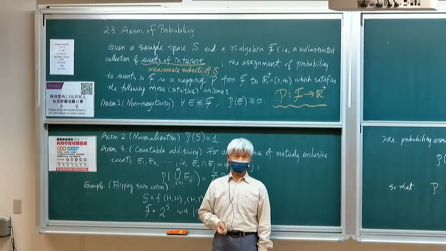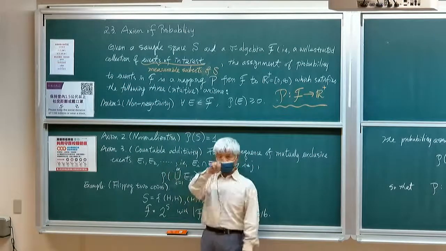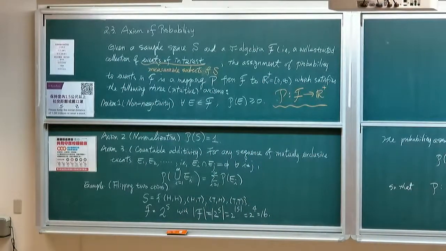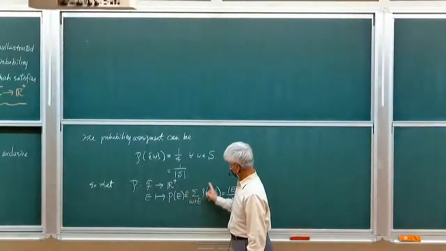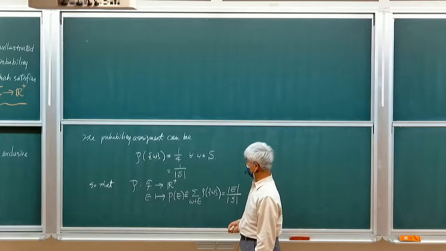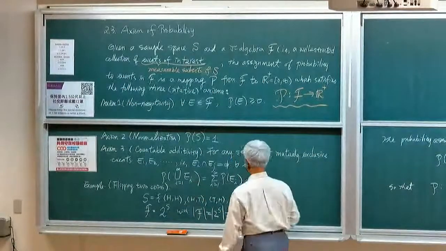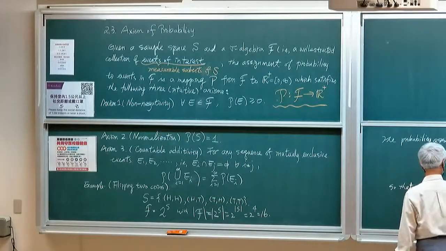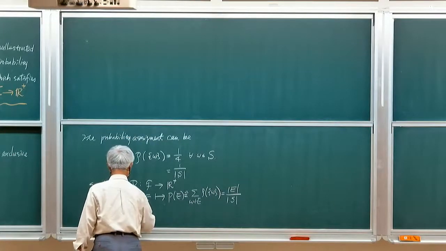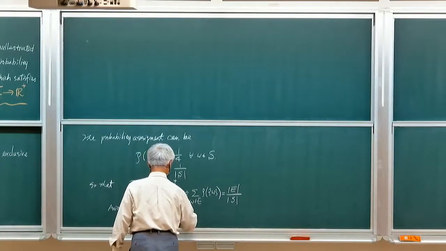You can imagine that all the other events in the tail are all empty sets. And you can see by this assignment that we just count the number of outcomes, so if they are disjoint unions, axioms 1 and 2 are satisfied automatically.